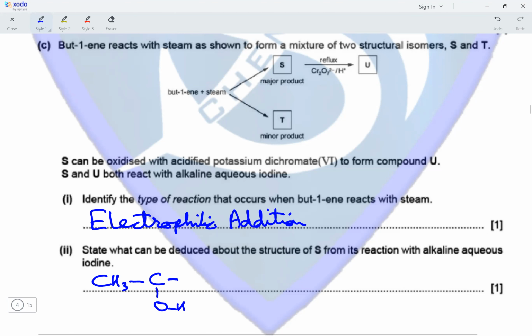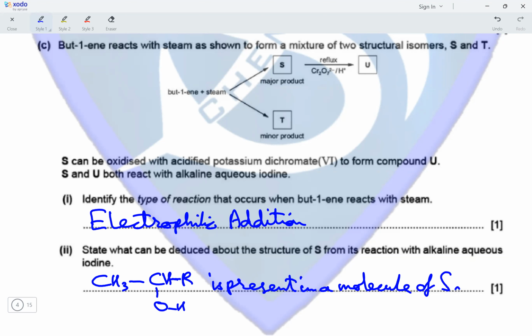So this group is present in a molecule of S. So this part must be present because it reacts with aqueous alkaline iodine.